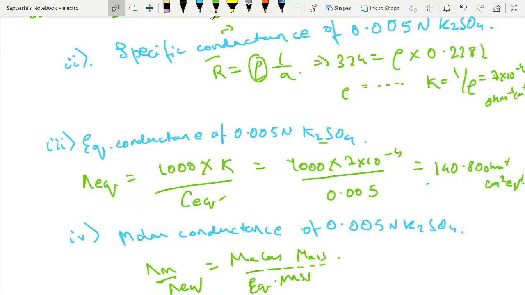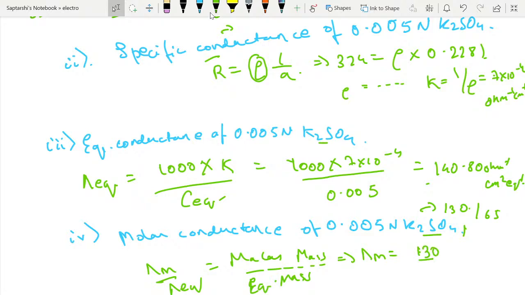So molar conductance is lambda m. What is the molar mass? The molar mass for K2SO4, if we find out the molecular weight, comes out as 130, and the equivalent weight will be 65, right? Why 65? Because I told you equivalent weight is molar mass by charge valency. So this will be 130 by 2, charge valency over here is 2.